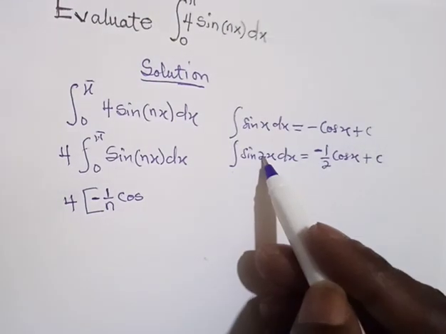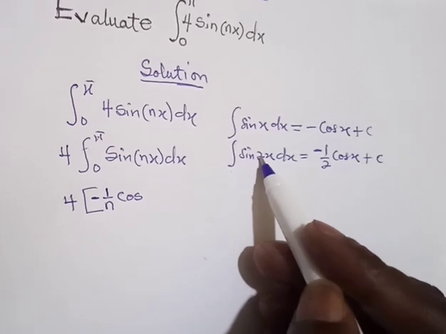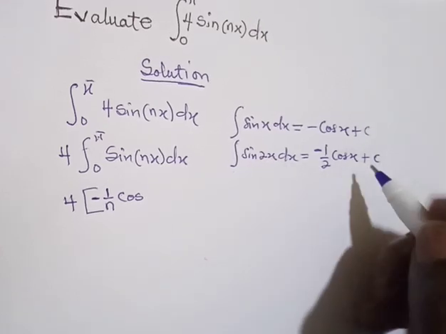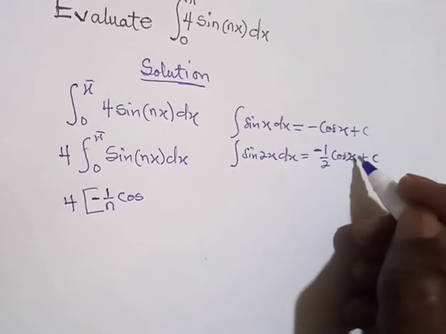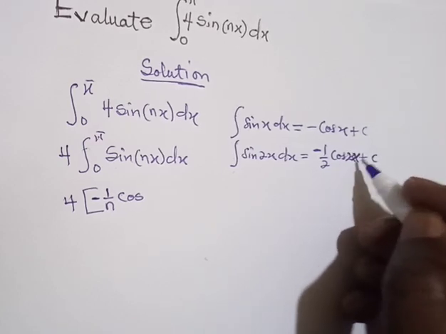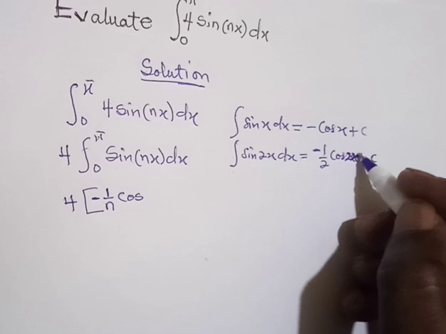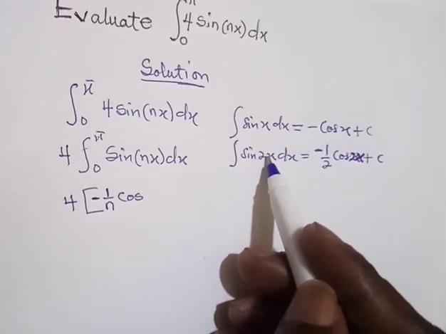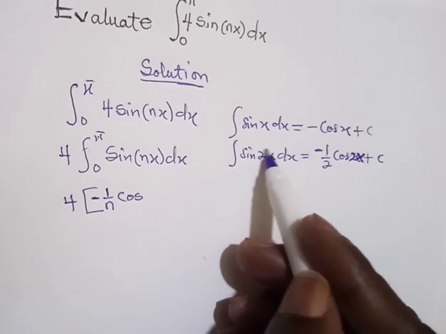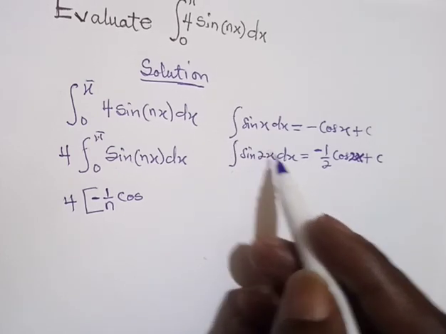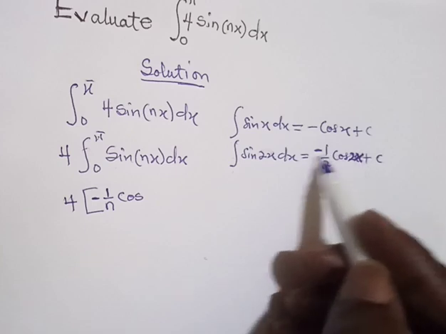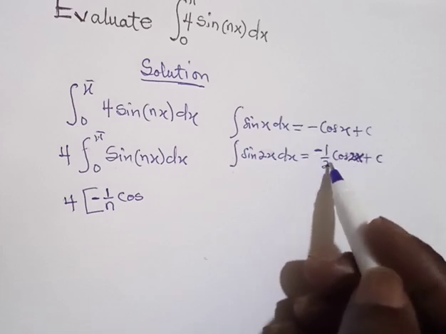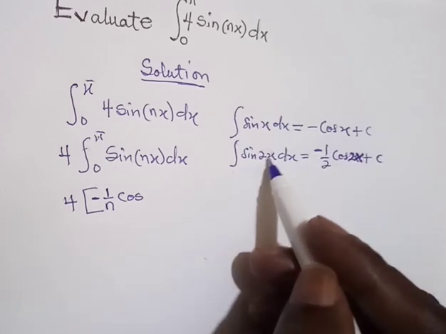And mind you, even here, it was supposed to be 2x, not just x. So let's do this correction, because what we do is differentiate what is inside and then divide the whole function by it. That is what we have done here. You only differentiate what is inside.